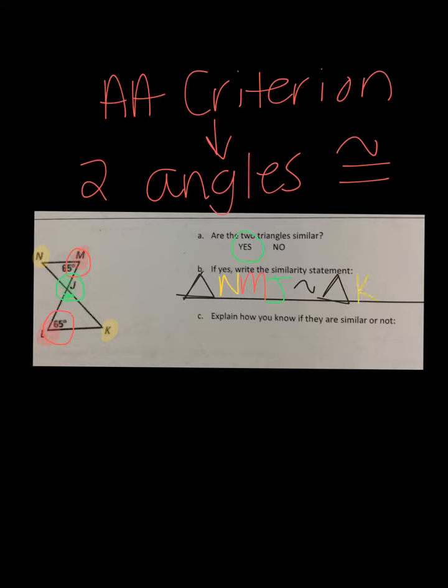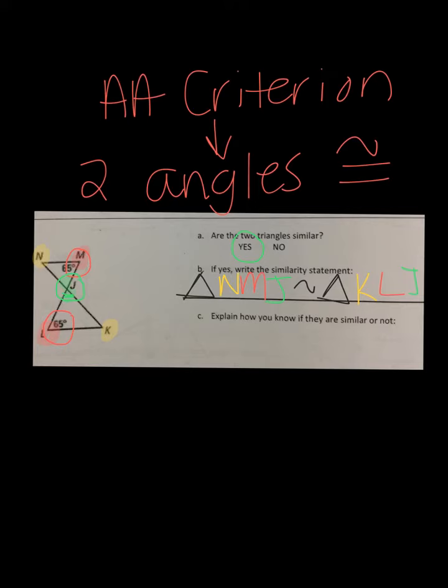K is my yellow corner. L is my red corner. And J is my green corner. So that would be the correct similarity statement. I could shuffle the letters around, but the green has to match with the green, the red with the red, and the yellow with the yellow.